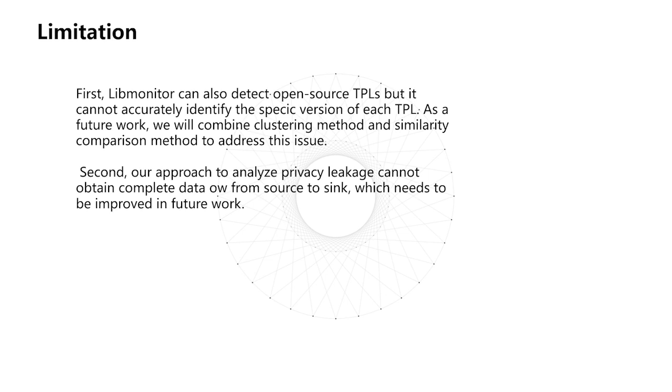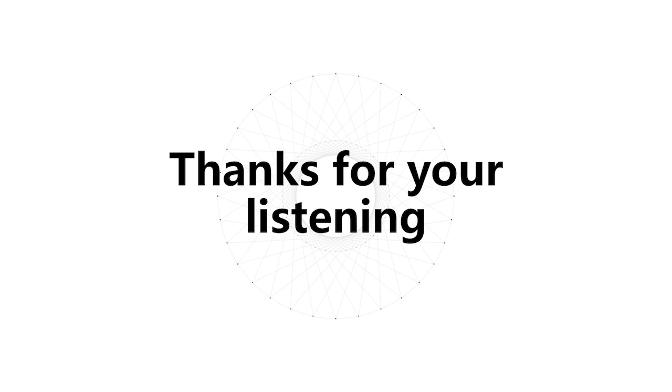Second, our approach to analyze privacy leakage can't obtain the complete data flow from source to sink, which needs to be improved in the future work. That's all. Thanks for your listening.